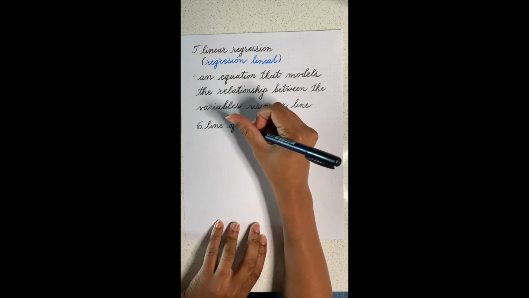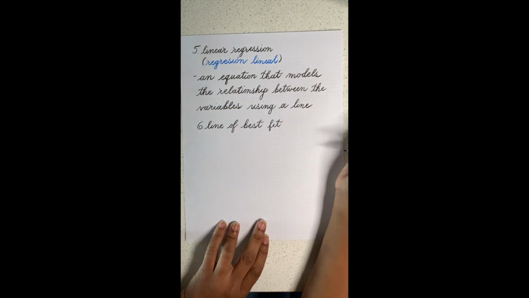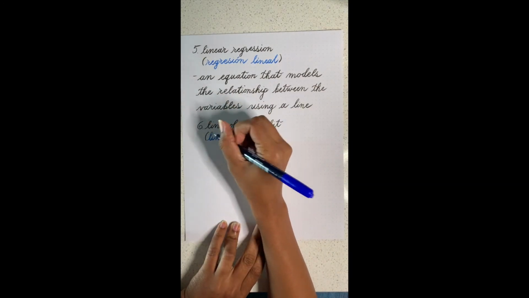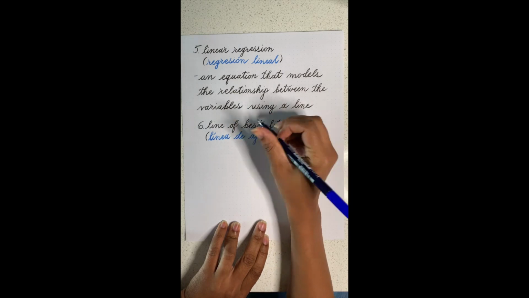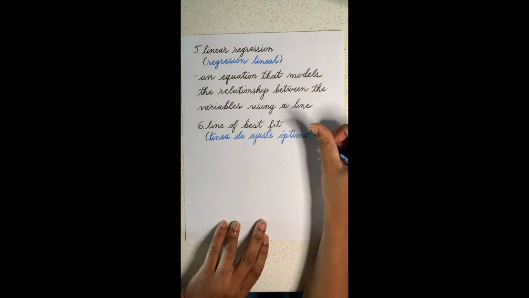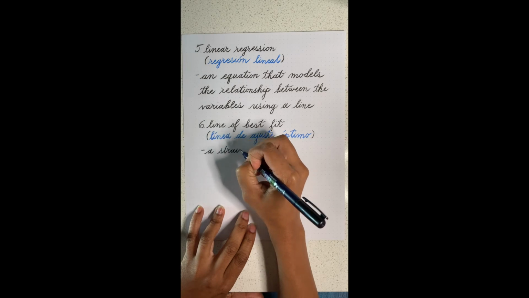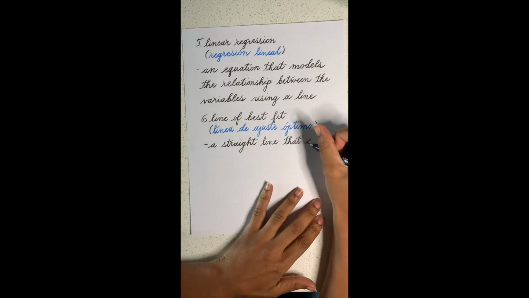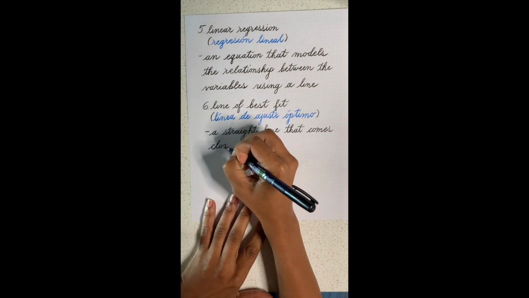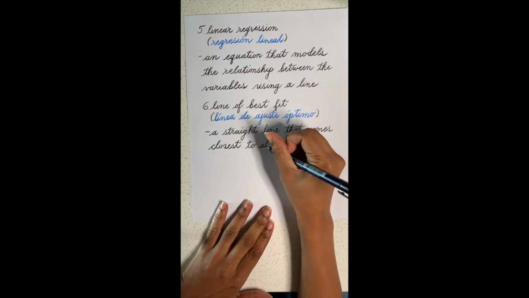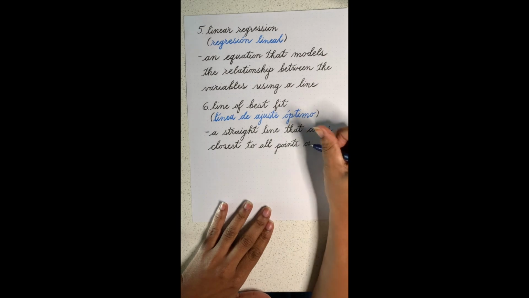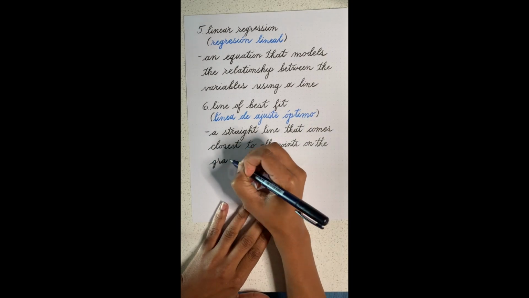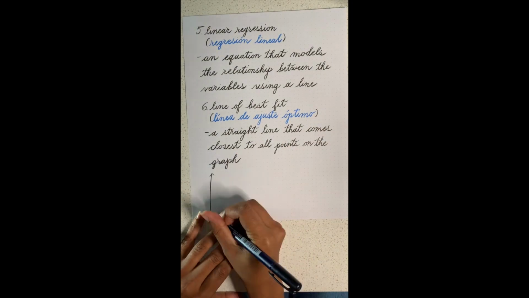And the line of best fit in Spanish is la línea de ajuste óptimo. So that's a straight line that's going to come closest to all of the points on the graph. Or in Spanish, una línea derecha que va más cerca de todos los puntos en el gráfico. Okay? So the line of best fit is just going to go as close as possible to all of the points.